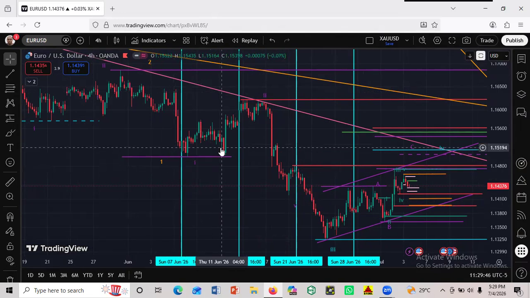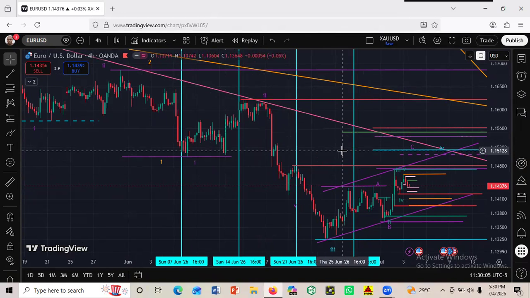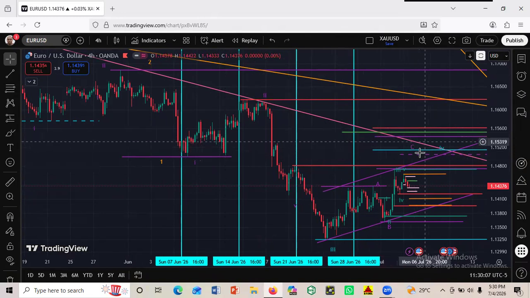So we are looking at this price coming close to around 1.15030, or at best around 1.15400. So that 40 pips range, we should expect price to come. But if I were you, I would be looking at 1.15000.